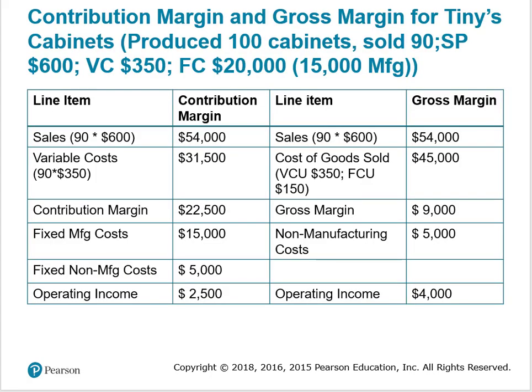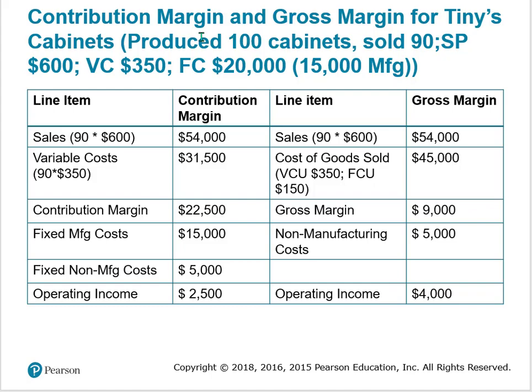And finally, from this slide, we can see the gross margin operating income is higher than contribution margin operating income by 1,500. This is an example of Tiny's Cabinets again. We've got fixed costs of $20,000.